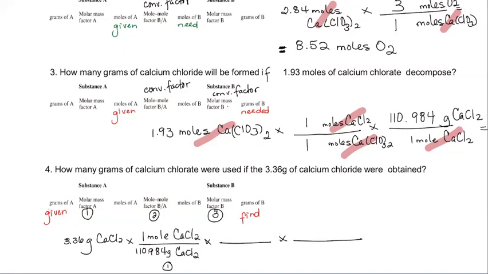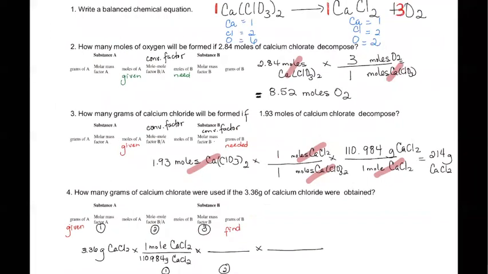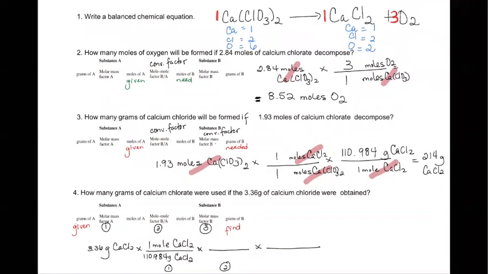In the next one, we're going to do the mole to mole factor, okay? Remember that the mole to mole factor comes from the coefficients in the balanced chemical equation. And here we're relating calcium chloride to calcium chlorate. So in the bottom, we're going to do mole of CaCl2. On the top, mole of Ca(ClO3)2.